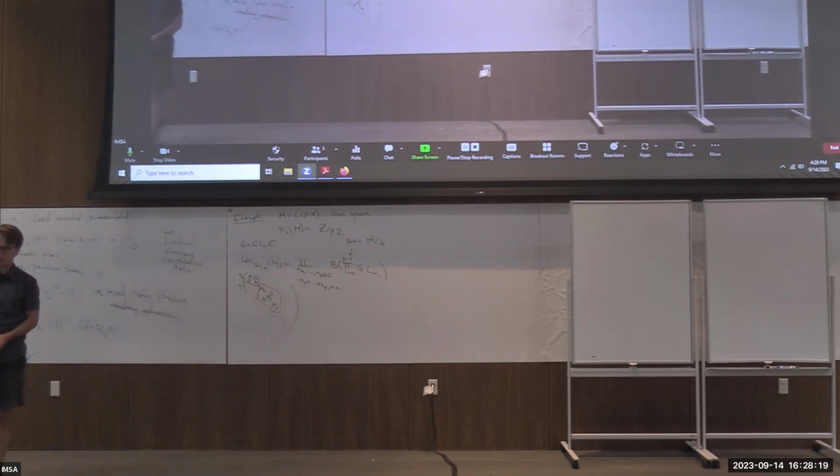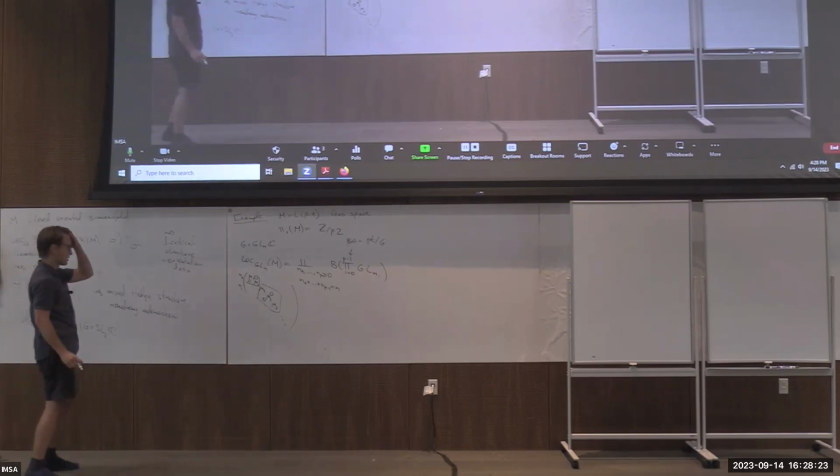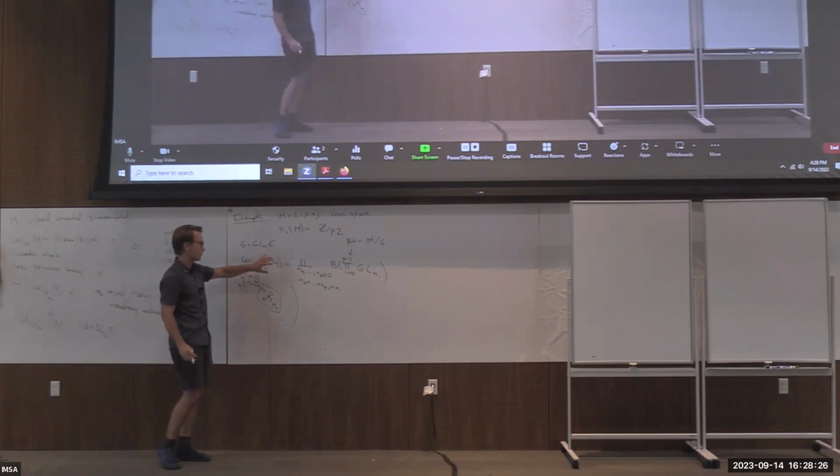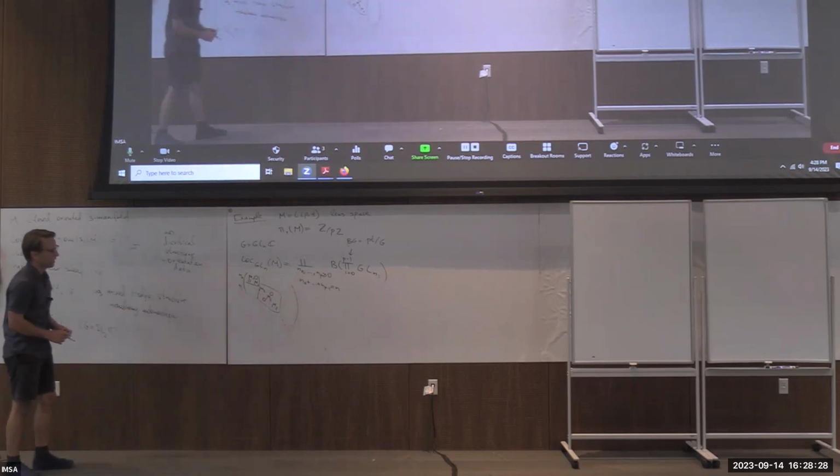So this is quite explicit. And then you can ask, how does the derived structure look like? What is this perverse sheaf?